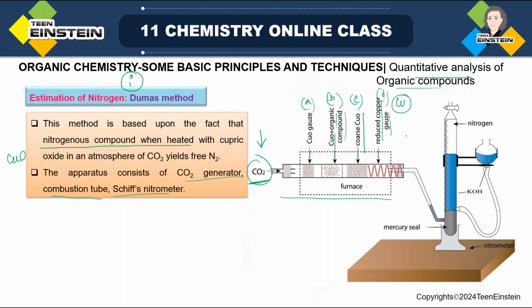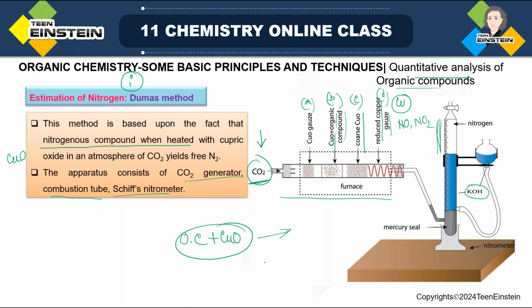This copper gauze will help to reduce the oxides of nitrogen if they are produced, because NO and NO2, if produced, this copper will reduce to free nitrogen. So these are the functions of these different compartments. Ultimately nitrogen will be stored here in this part, and the blue part that you are seeing is basically KOH. When you are doing this combustion, the organic compound is heated with CuO.